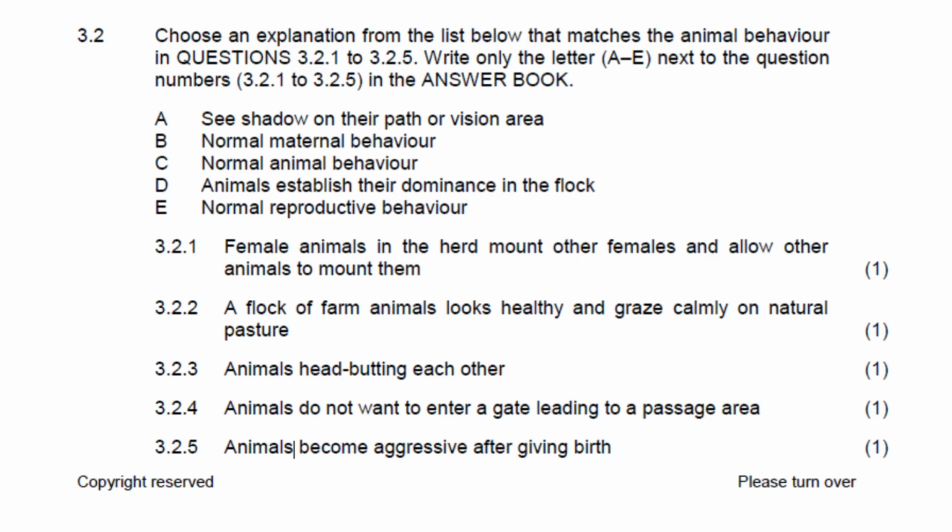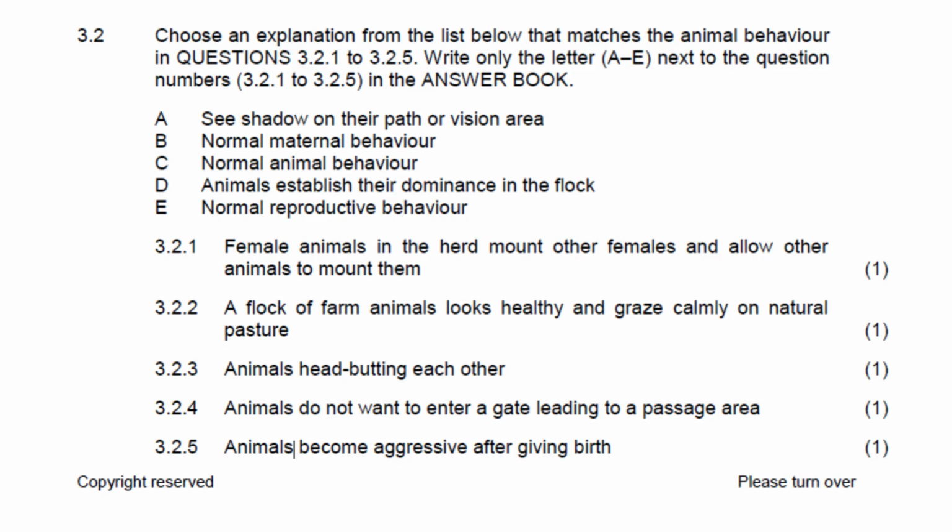Now you are given five options there. A, see shadow on their path of vision area. B, normal maternal behavior. C, normal animal behavior. D, animals establish their dominance in the flock. E, normal reproductive behavior. Now, coming to the questions.